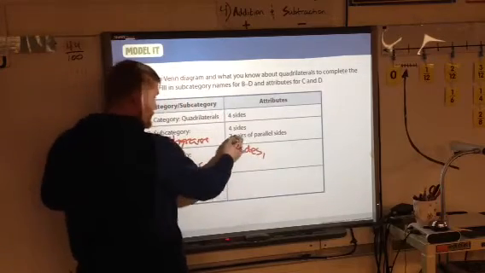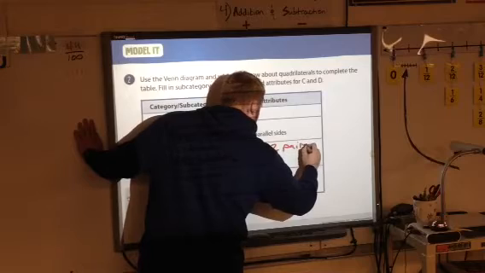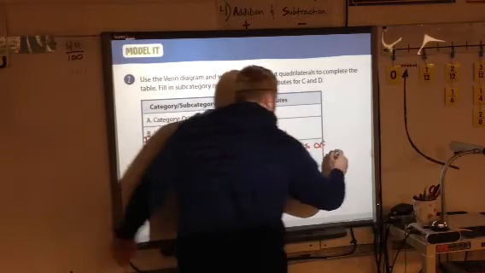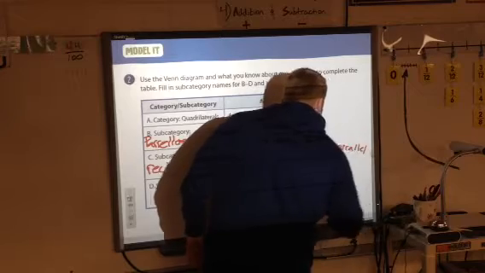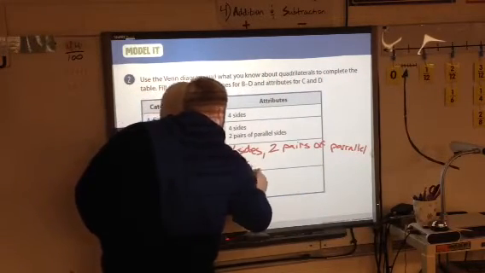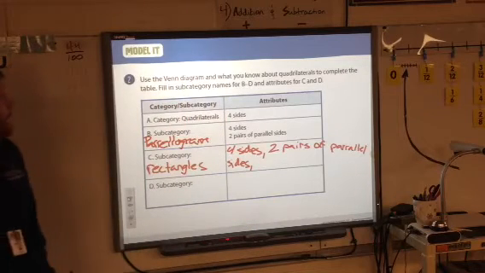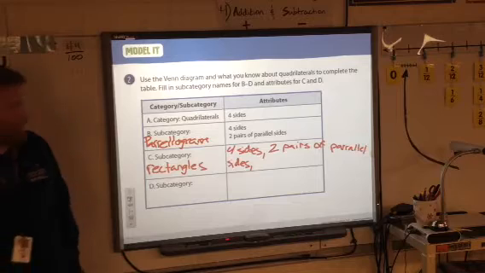It has 2 pairs of parallel sides. And the last attribute that makes it a little more specific is that it has 4 right angles.